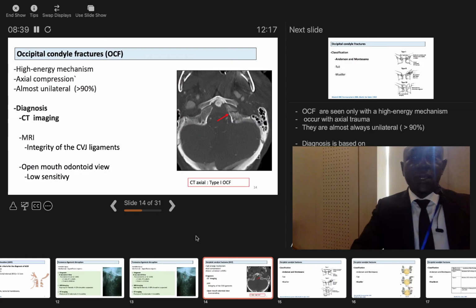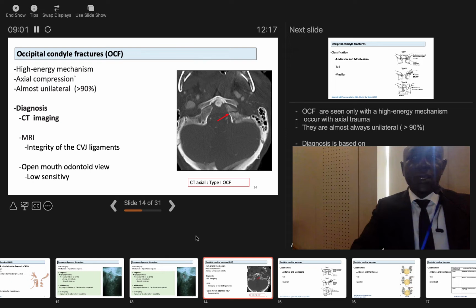The first isolated bone fracture is the occipital condyle fracture. They are only seen with high energy mechanism. They occur with axial trauma. They are almost always unilateral, in 19%.